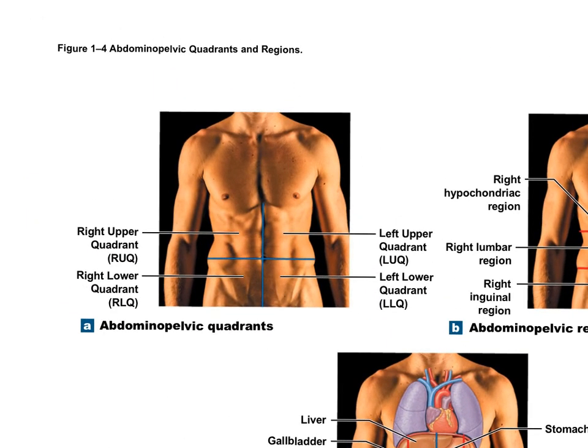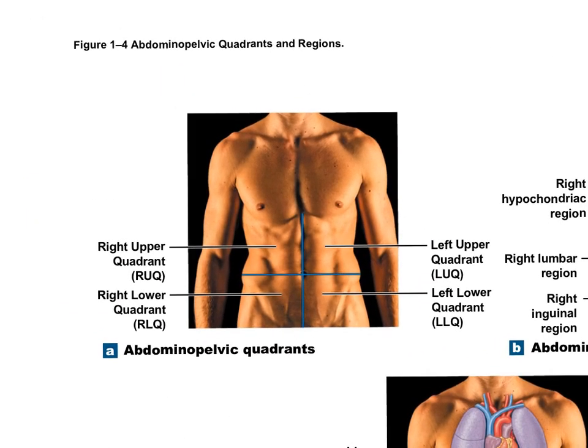So health professionals like to take a look at the abdominal pelvic area and divide it into 4 quadrants by taking an imaginary horizontal line and an imaginary vertical line and dividing it into 4 equal quadrants. Then they name these quadrants as upper and lower quadrants. So there's a right upper quadrant and a left upper quadrant, a right lower quadrant, and a left lower quadrant.